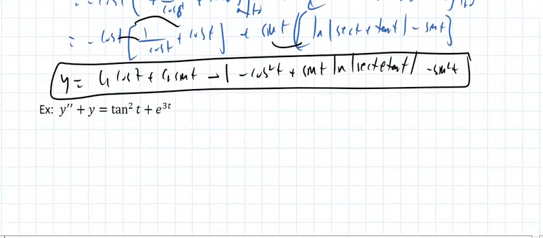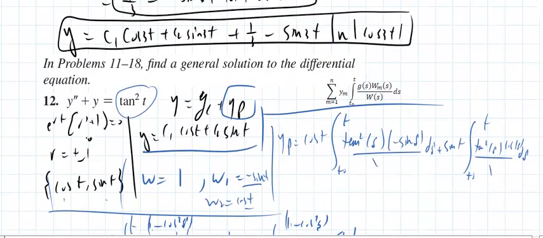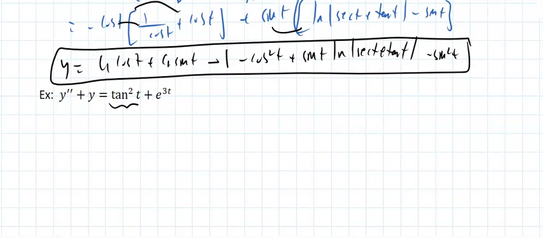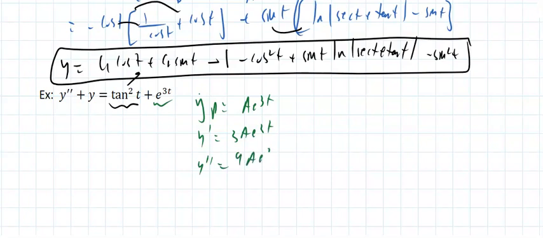Now, when I get to this solution, notice here what they said. They said find the general solution. When I want to find this in general, I can't use the undetermined coefficients. But I know that that's this. Can't I say I'm going to use superposition, and instead of doing this formula, can't I say y sub p is going to be a e to the 3t, y prime is going to be 3a e to the 3t, y double prime is going to be 9a e to the 3t, again, because I know this is sine and cosine, right?